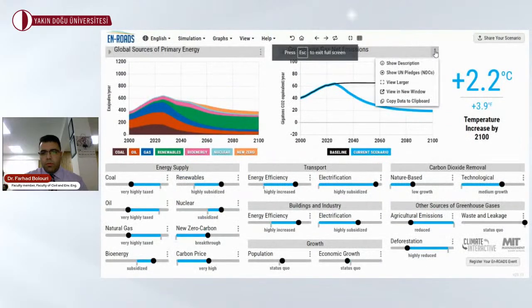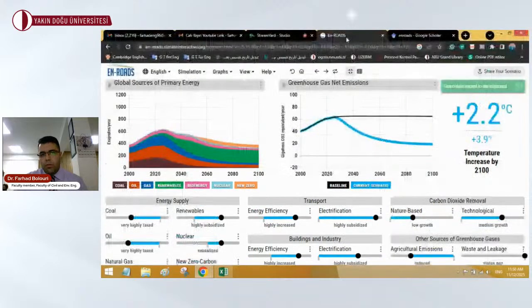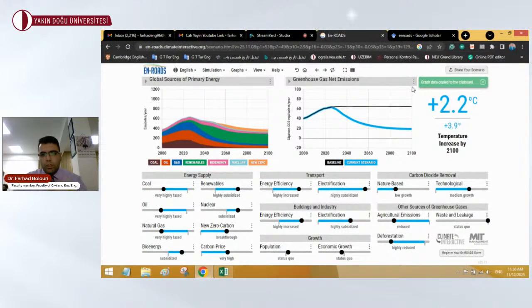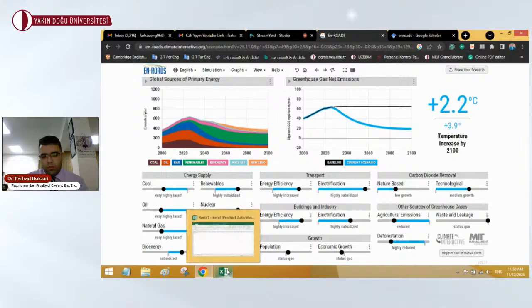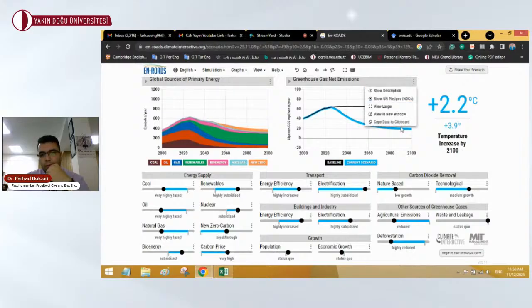Also, I want to show you another important thing. You can copy data from here. It is important when you want to use it in a paper. It is not good to take a screenshot from here. It is better to put the data in an Excel file. I don't want to go in because maybe my connection will stop, but I will show you.